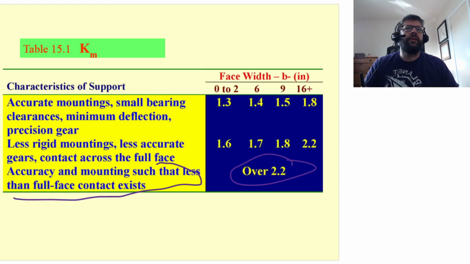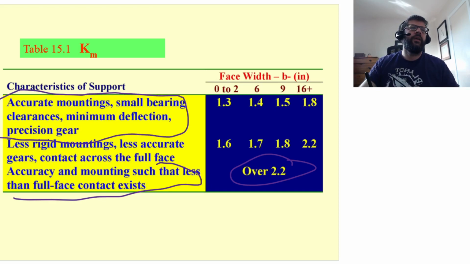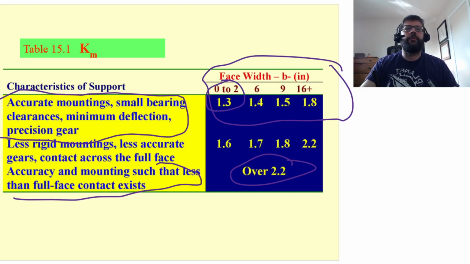But if you have accurate mounting, small bearing clearances, minimum deflection, precise gears, then it varies based upon how wide your gear is, from 1.3 up to 1.8 for 16-inch plus gears.